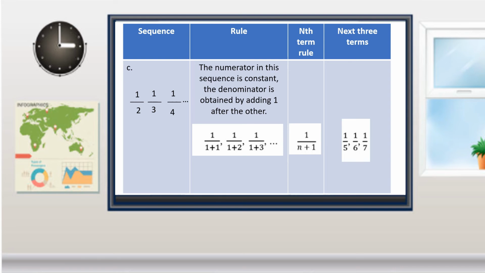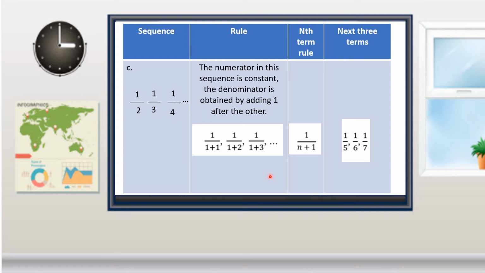In this sequence, letter C, we have 1/2, 1/3, and 1/4. The numerator in this sequence is constant. The denominator is obtained by adding 1 after the others. So we have 1/2, or 1 plus 1 is 2, 1 plus 2 is 3, and 1 plus 3 is 4.